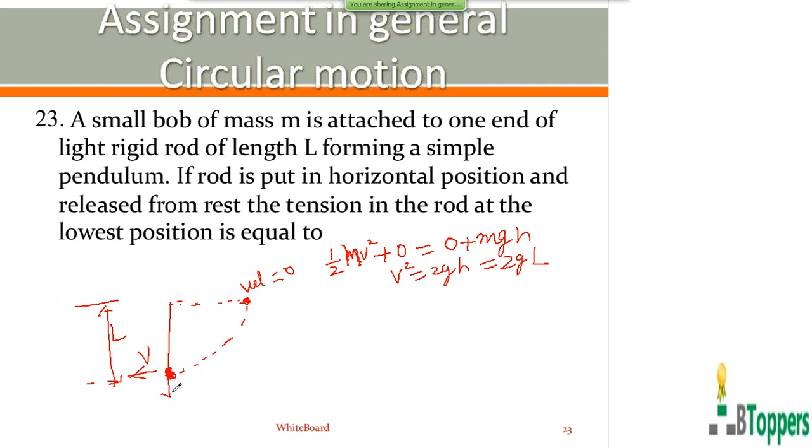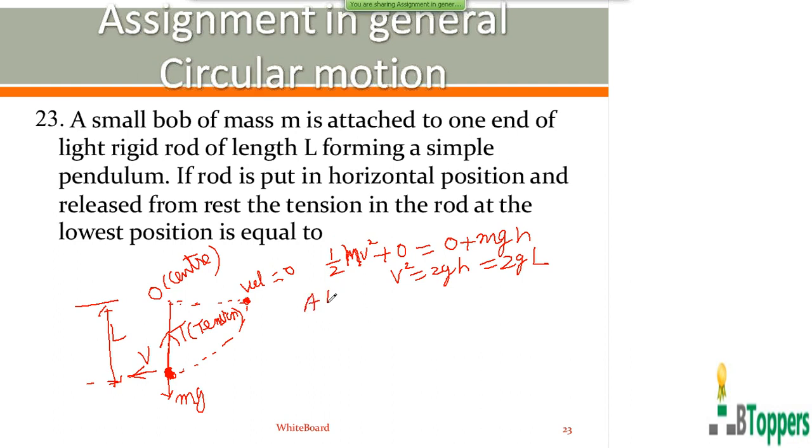Two forces act on the bob at the lowest position. Its weight mg acts vertically downwards. The tension force by the rod on the bob acts along the rod and towards the center of curvature of the circular path. Here, the center of curvature of the circular path coincides with the point of suspension.